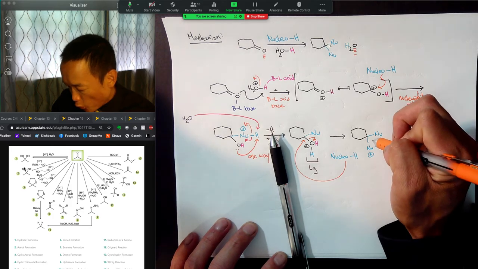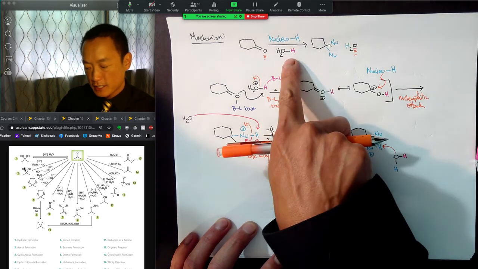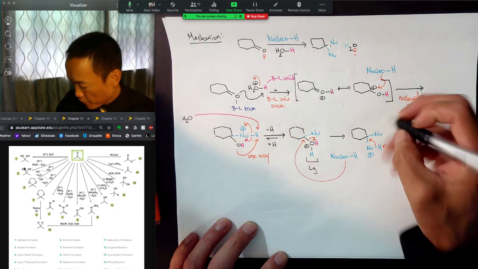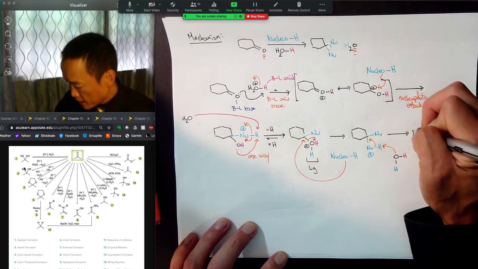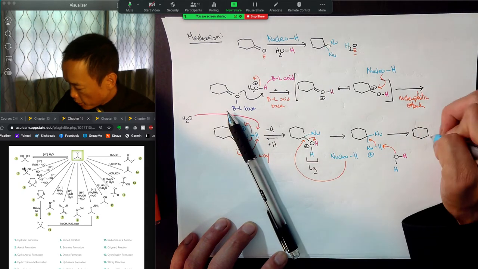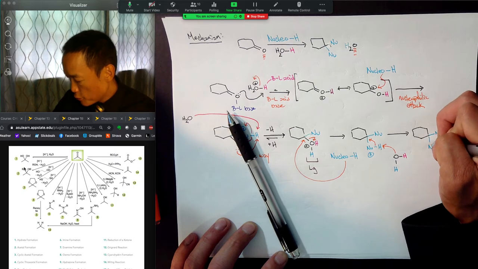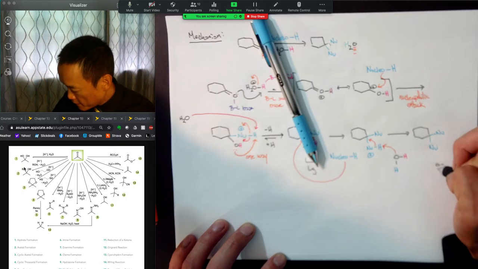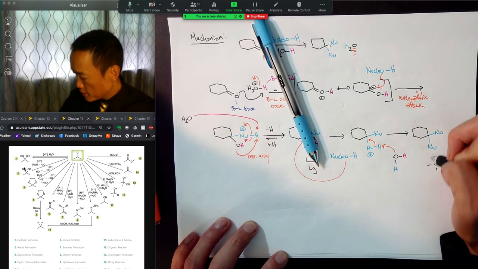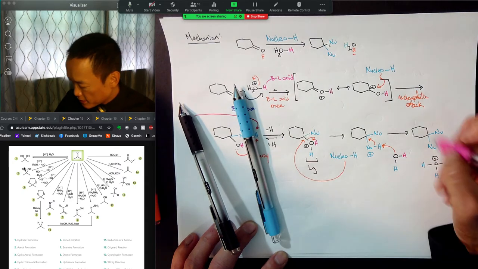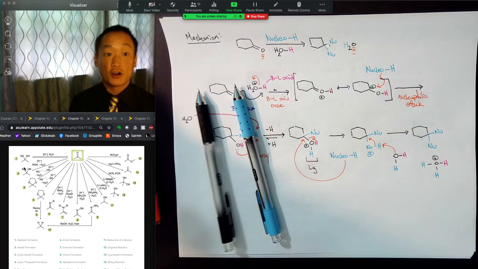Removal with the water that was formed, because we're under acidic conditions. All of a sudden, we have a Bronsted-Lowry acid-base reaction where we have now imparted two equivalents of nucleophile, and we have regenerated our catalyst as a result.